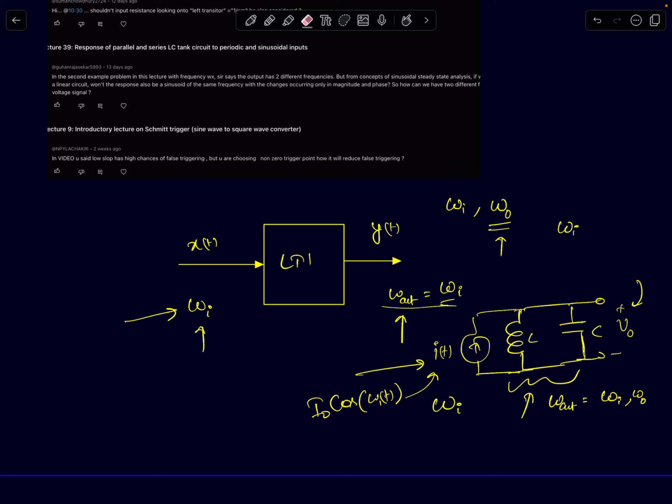From that linear analysis, we can see that the output cannot have any other frequency. Omega out should also be equal to omega I. Why is there a different frequency? We'll try to understand that.